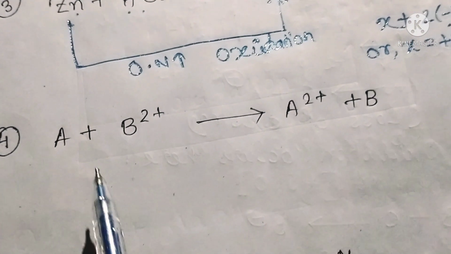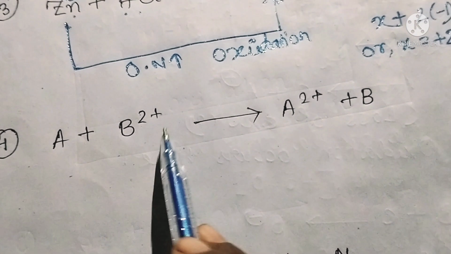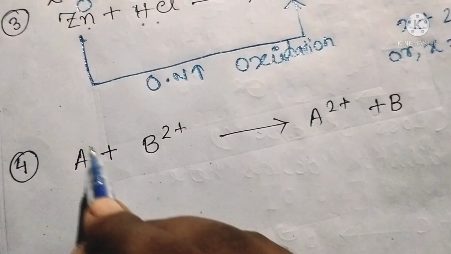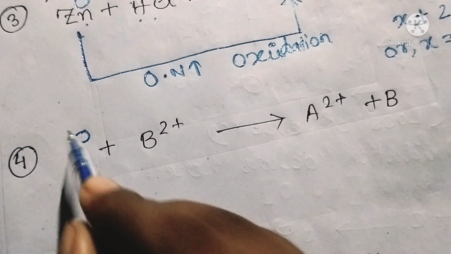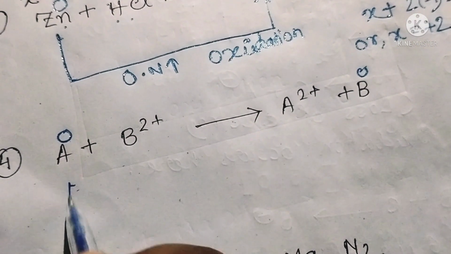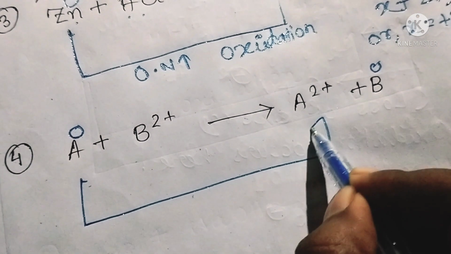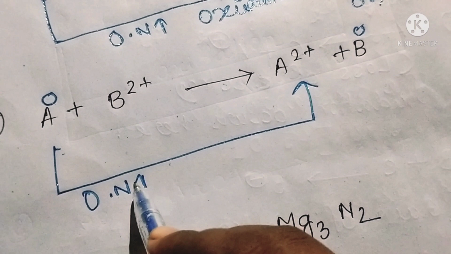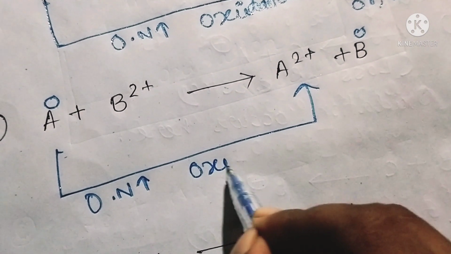Next example is A plus B2+ turns into A2+ plus B. Here A is in elemental state, so 0, and B is in elemental state, so 0. So from 0 to plus 2, that means oxidation number increases, so oxidation occurs.